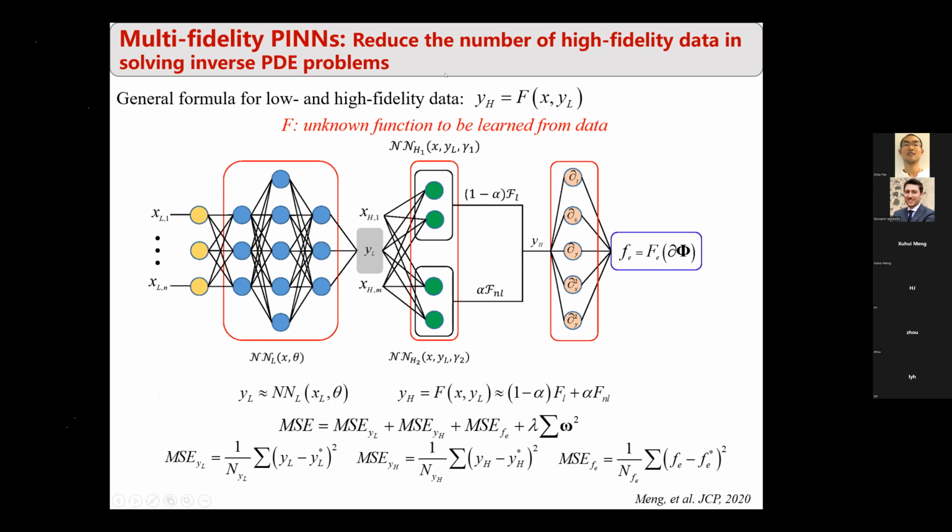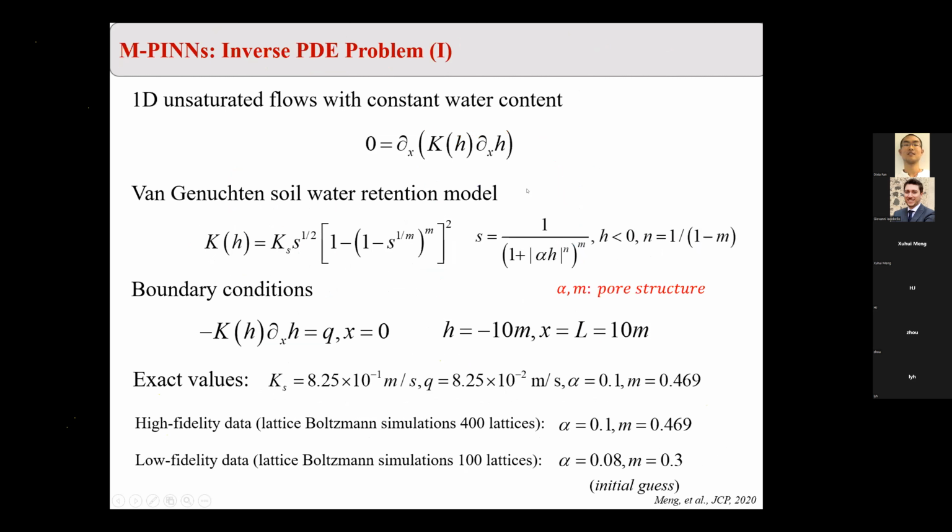So to reduce the number of high fidelity data in solving inverse PDE problems, we can also use our proposed method to assimilate low fidelity data and high fidelity data to achieve high accuracy in solving inverse PDE problems. For example, here is the Richards equation for one-dimensional unsaturated flows, and H is the pressure and K is the permeability field.